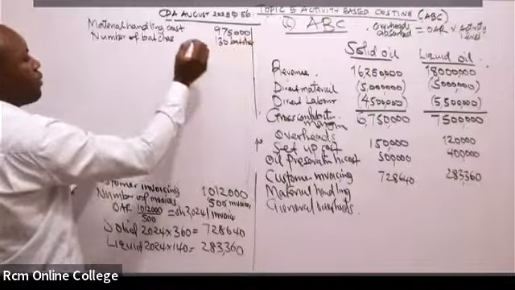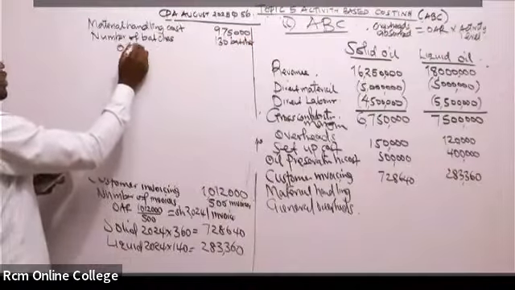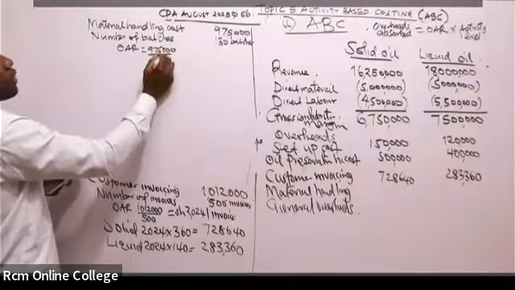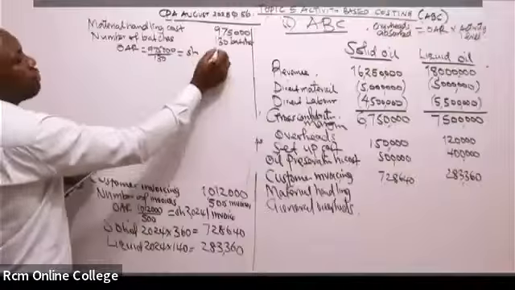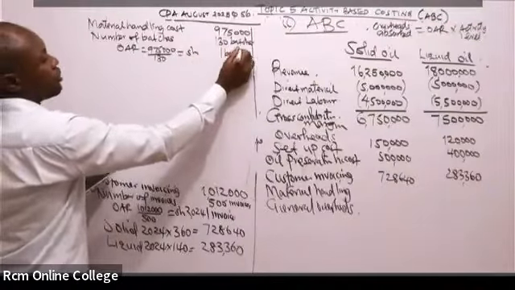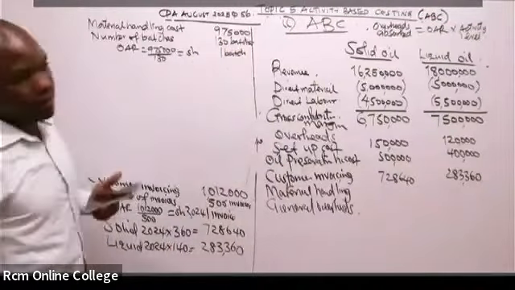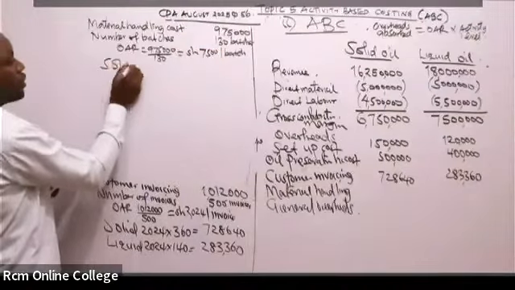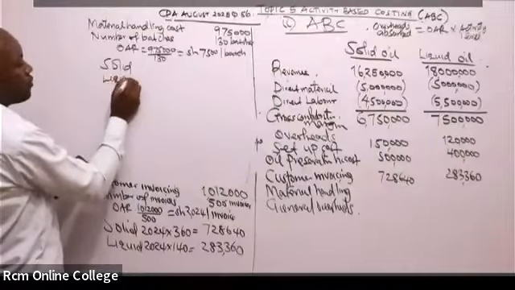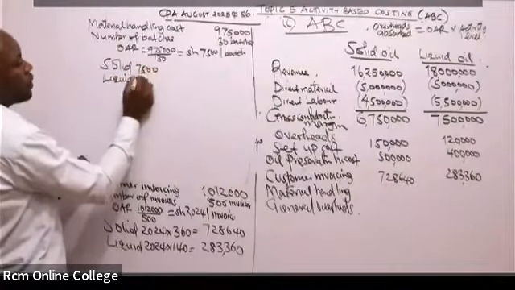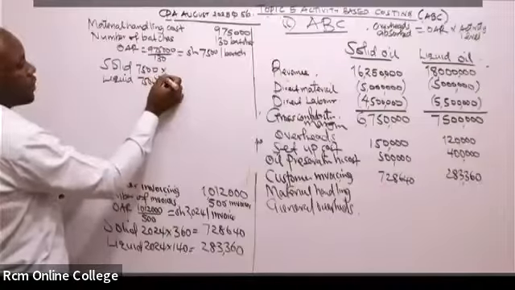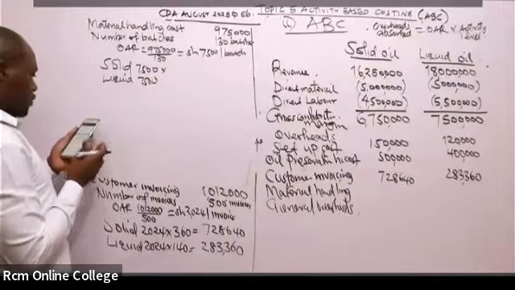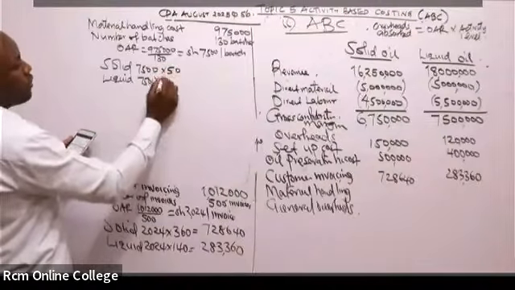So with 130 batches, overhead absorption rate is equal to 975,000 divided by 130. What are we getting? Shillings per batch. 7,500. Can we get for the solid? Liquid. 7,500 times the batches. So the first one has got how many batches? We have 50, we have 80.